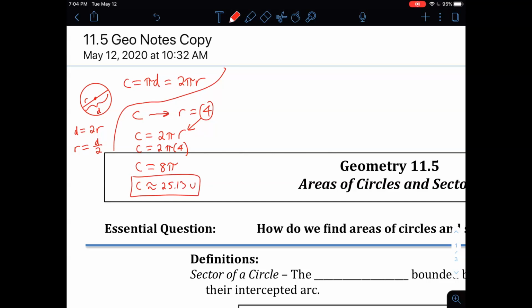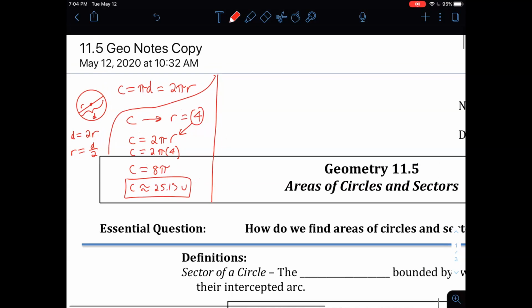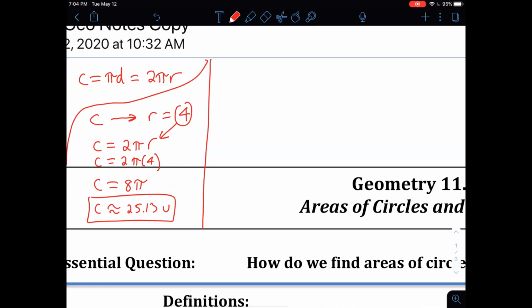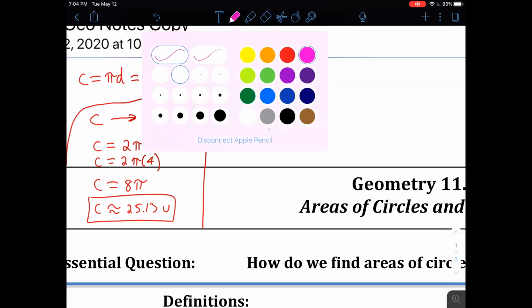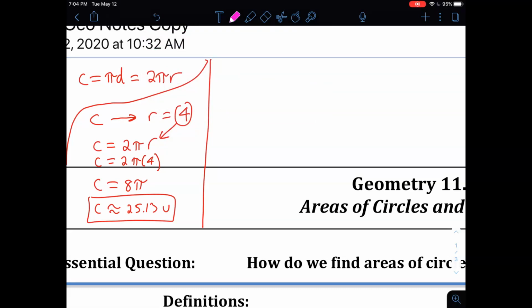Okay, let's do another one. We're looking for the circumference, and they give us the diameter equals 10. If the diameter equals 10, which one are we going to use? C equals pi d, or 2 pi r? We're going to use pi d, because they give us the diameter.